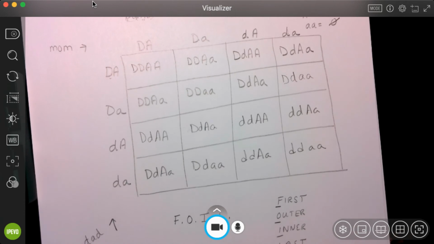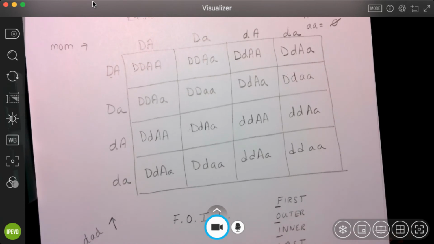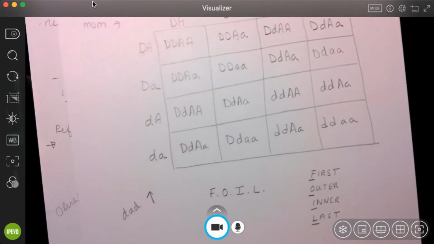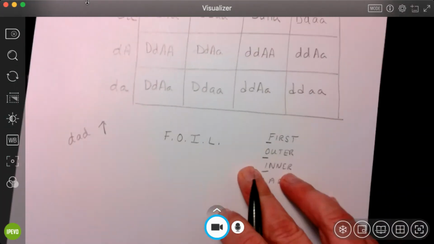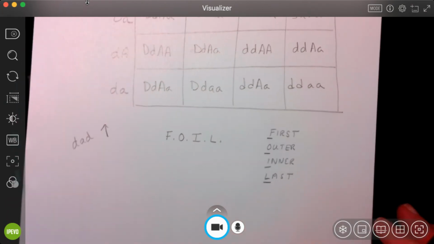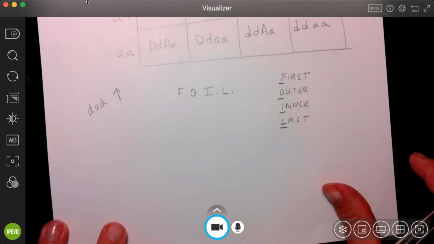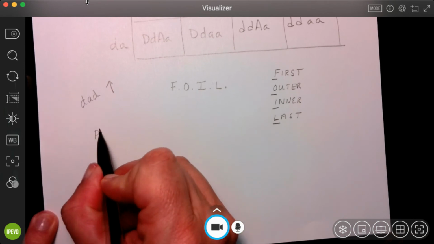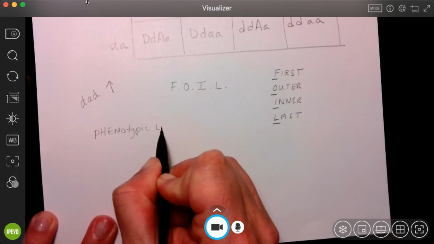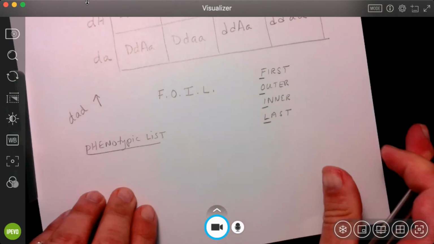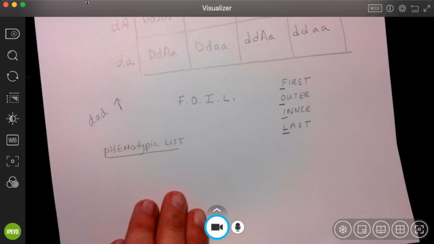Now, whenever we're doing a dihybrid, we are not going to make a genotypic list because it takes forever to do. We are usually mainly concerned about phenotypes. So let's make a phenotypic list based on what we have written out here. Remember what phenotype means. It means how this organism is actually going to look.